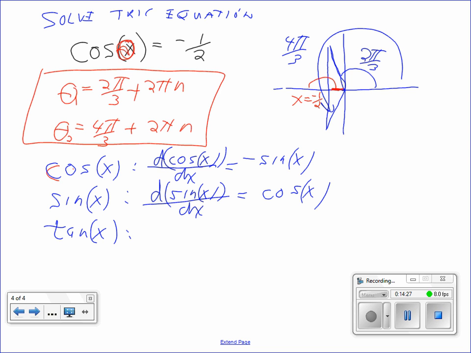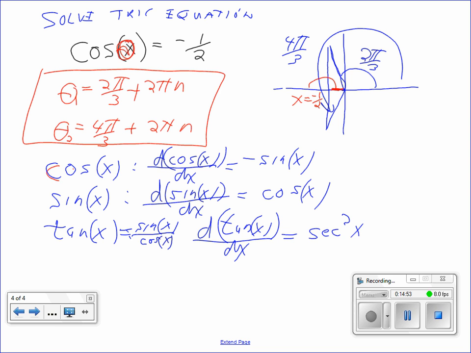And we can derive the tangent of x as equal to the sine of x over the cosine of x. And with that, you could then derive the derivative of the tangent of x with respect to x is equal to the secant squared.